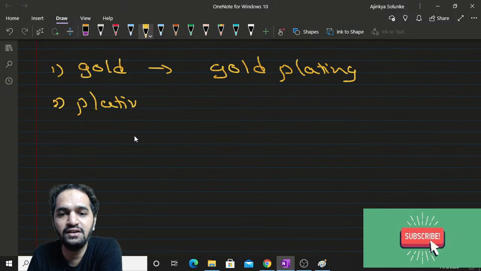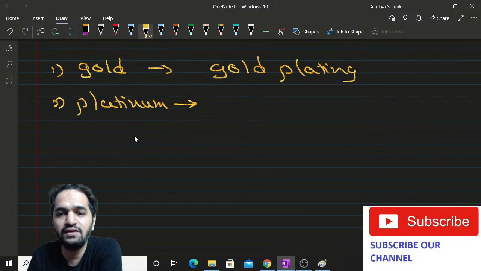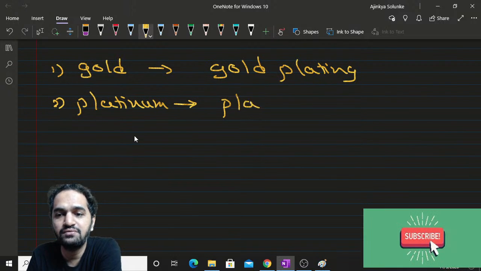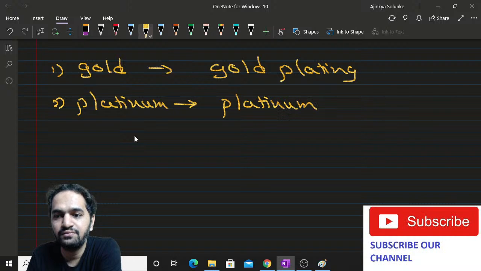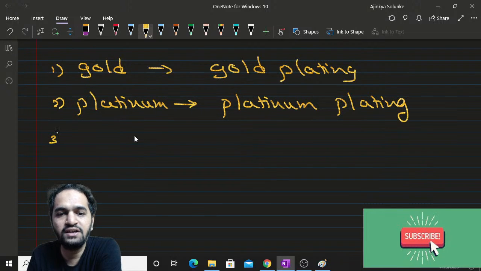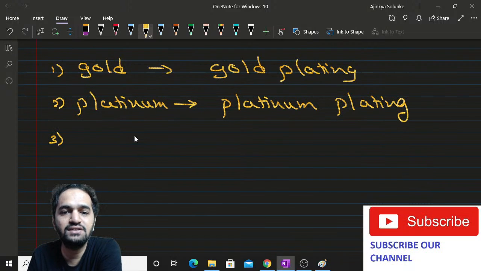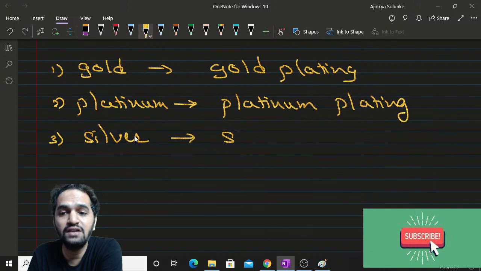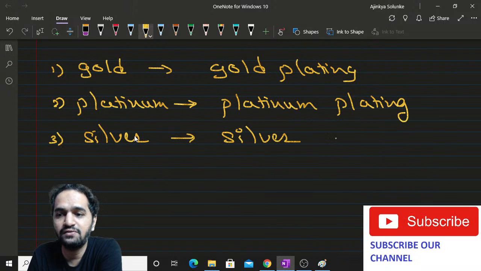We are going to call it platinum plating. What if we are using silver? It is going to be called silver plating.